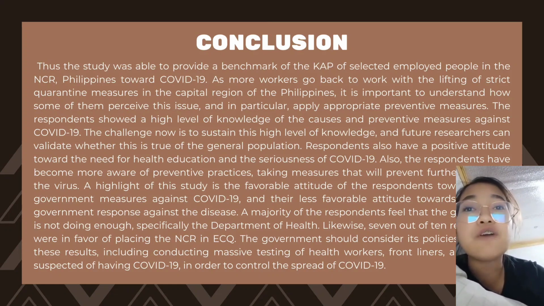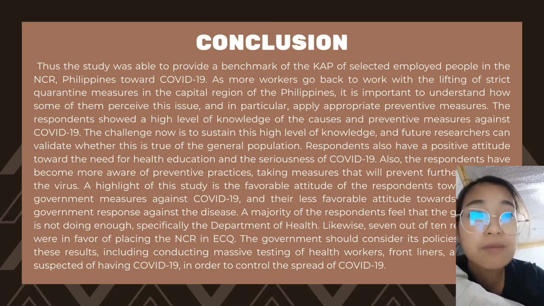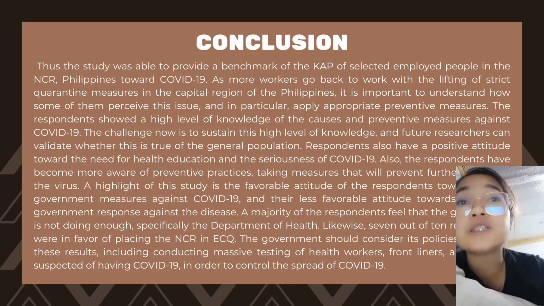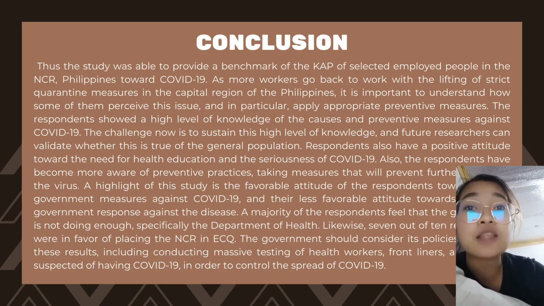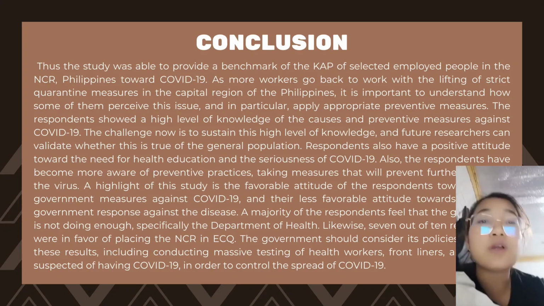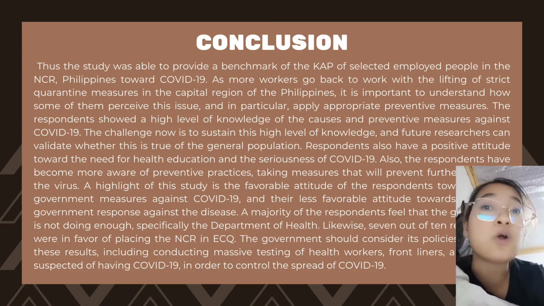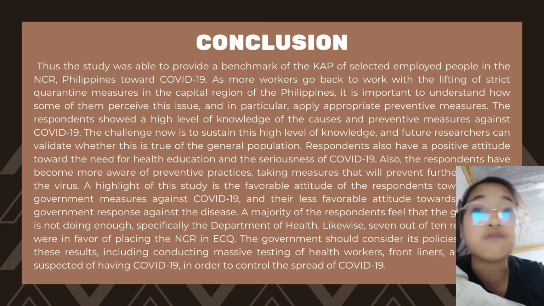A majority of the respondents feel that the government is not doing enough, specifically the Department of Health. Likewise, 7 out of 10 respondents were in favor of placing the NCR in ECQ, and the government should consider its policies in light of this result, including conducting massive testing of health workers, frontliners, and persons suspected of having COVID-19 in order to control the spread of COVID-19.